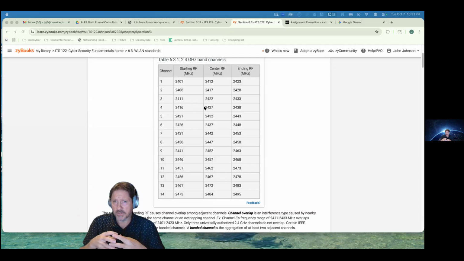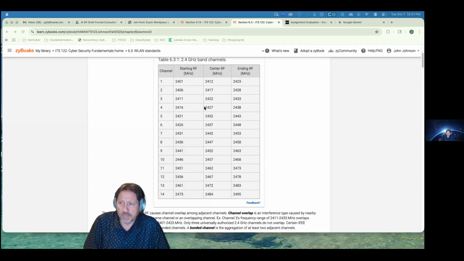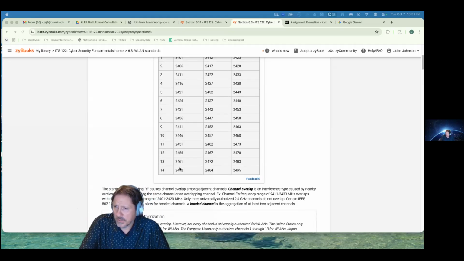And if you're using the same channels, you might be butting into each other. There's technology out there that helps you find the best one by channel hopping until it gets a clear signal. But if you have it set on one particular one, you might find yourselves having a little bit of interference there. So anyway, that's channel overlap.